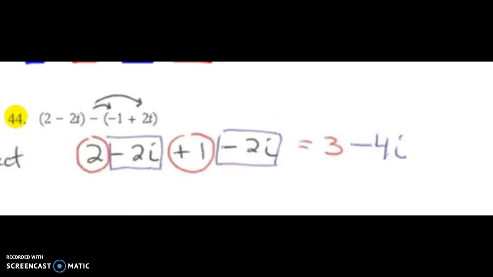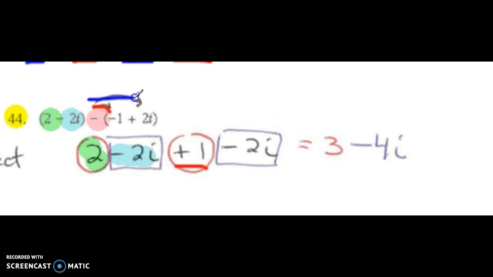In problem number 44, we are going to subtract. So my first complex number stays the same, so 2 stays as 2. And then -2i stays as -2i. When I distribute this negative, negative times negative is +1.